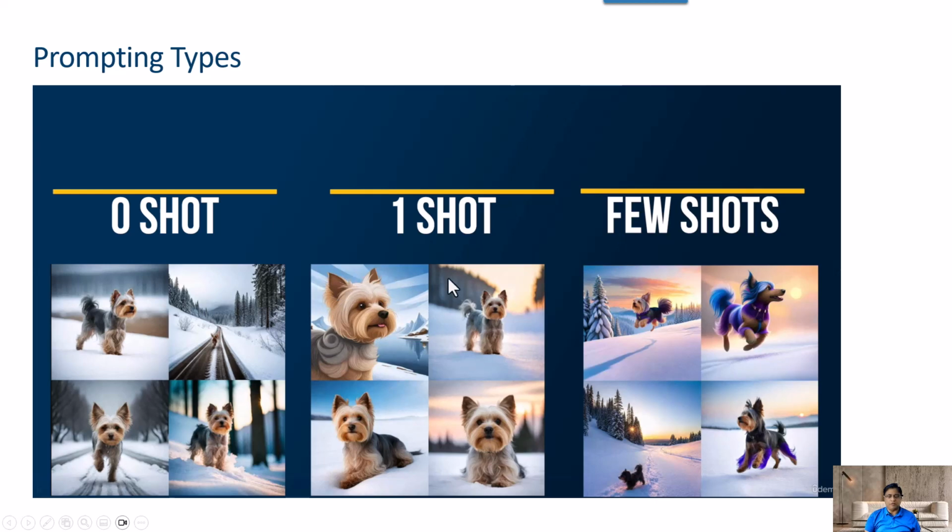Based on that one example, it is creating the whole output, like these dogs. And few shot prompting is where I'm giving multiple examples, and based on those multiple examples, I am now asking a question, and that question is answered based on the training it received from the multiple examples I have provided.